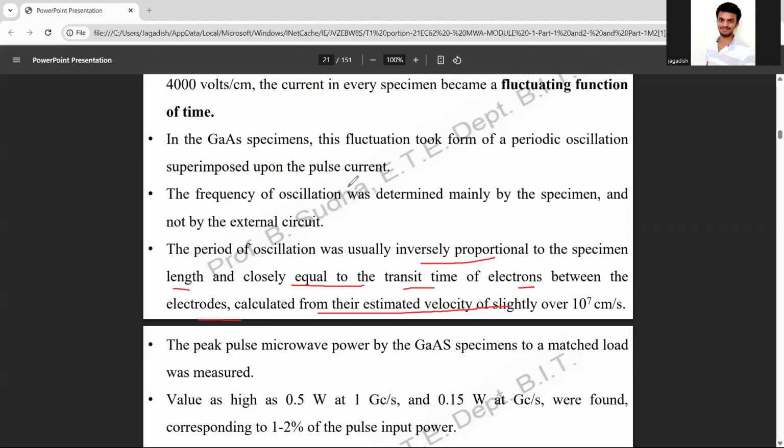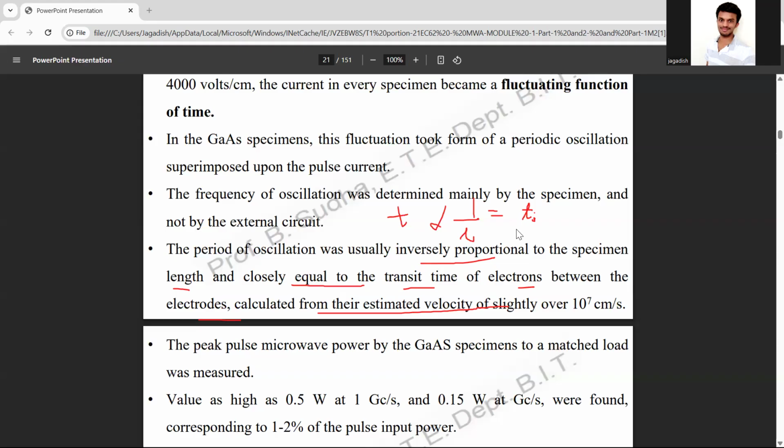The third point is the frequency of oscillation was determined mainly by the specimen and not by the external circuit. Next point: the period of oscillation was usually inversely proportional to the specimen length and approximately equivalent to the transit time of the electrons between the electrodes, calculated with the estimated velocity over 10 to the power of 7 meters per second.